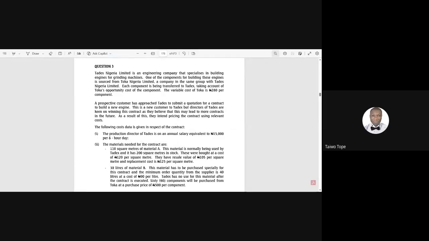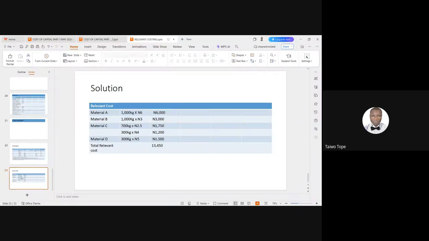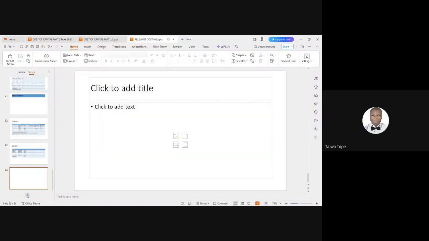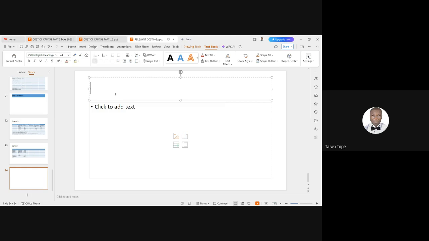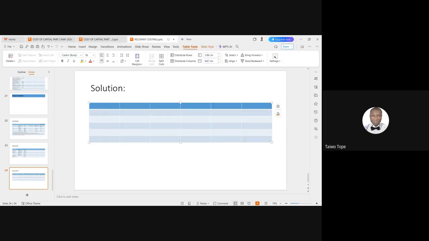So in your book, write solution. Write solution. Except you want me to change my screen because they're on different platform. Okay, let me come here. So solution, you write solution, relevant costs, relevant costs.